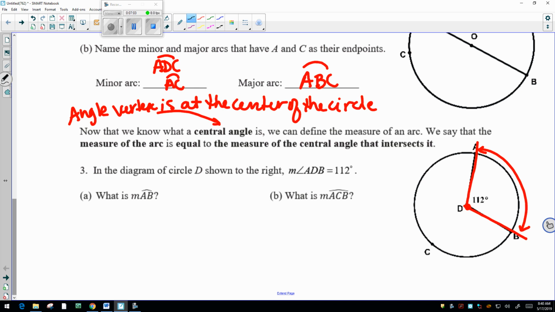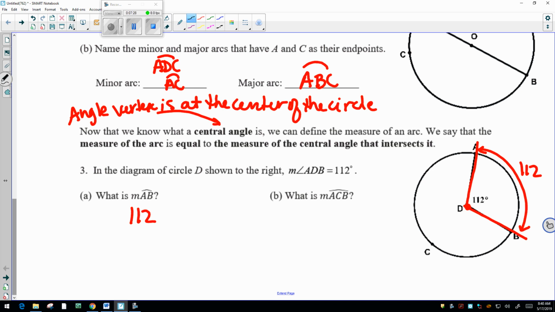So we know the measure of the arc will be equal to the measure of the central angle that it intersects. So if I know that this angle is 112, I can see arc AB is what it opens up to. I can tell you that that arc has to also be 112. So the measure of arc AB is 112.